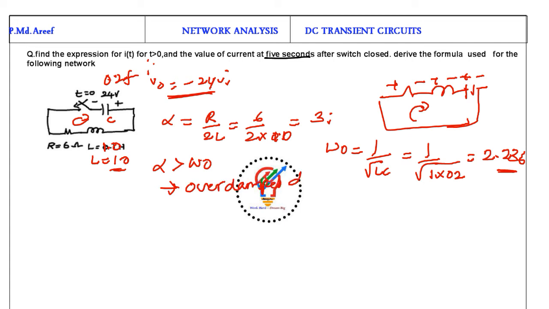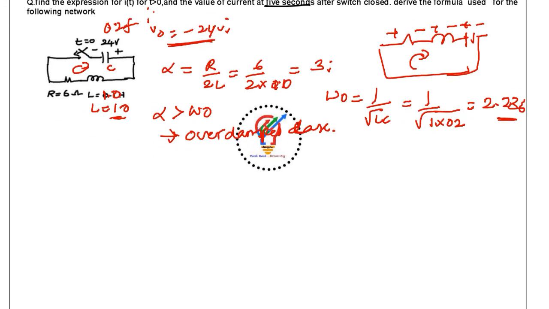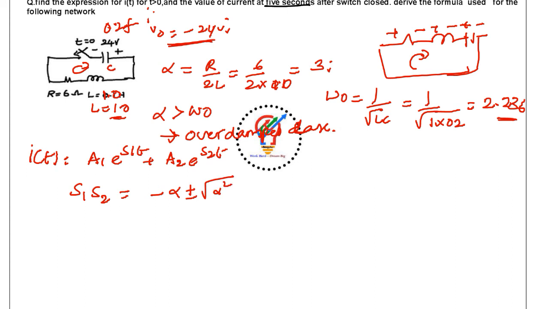So it is the overdamped condition. In the overdamped condition, what is the solution? i of t is equal to A1 e power s1 t plus A2 e power s2 t. Now what are the s1, s2 values? s1, s2 is equal to minus alpha plus or minus square root of alpha square minus omega naught square. Alpha that we got is 3.